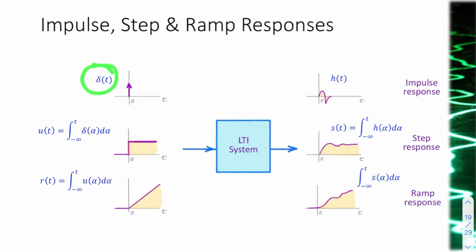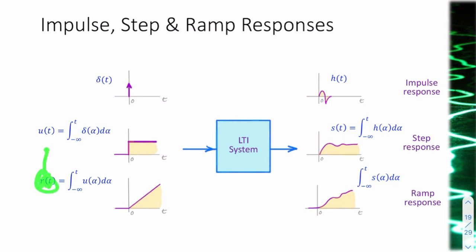So impulse on the input, impulse response on the output. Unit step on the input, step response on the output. This is the integral of that. Similarly, this is the integral of that. If you have a ramp at the input, you have a ramp response at the output.